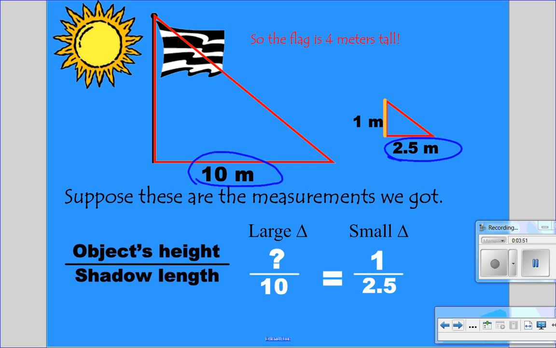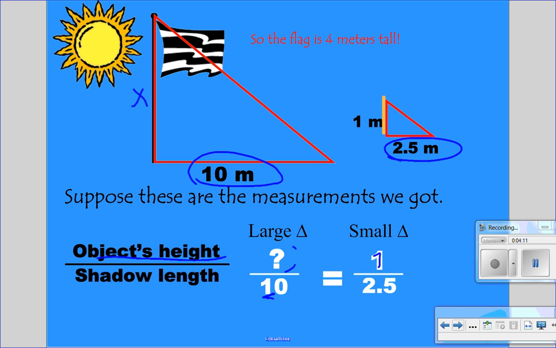And so we make our proportion. We're going to take our object's height divided by its shadow length. We don't know the height of the flagpole. That's what we're looking for. We know its shadow length is 10 meters long. We know that the height of the meter stick here is 1 meter tall, so we have our 1 meter tall.